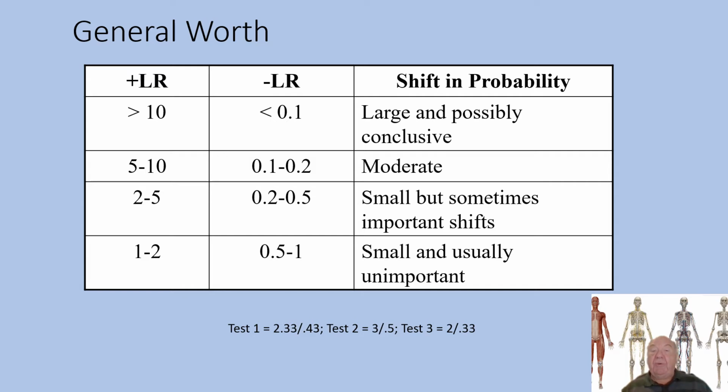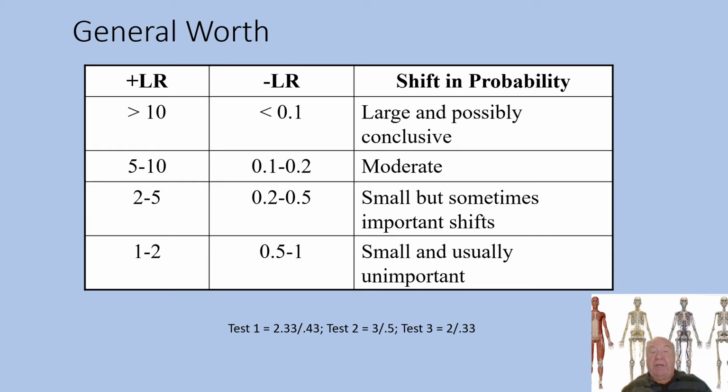Values between 2 to 5 as a positive likelihood ratio is pretty good, and is usable. And 5 to 10, you're getting up to a better effect, and not great neither. Once you get over 10, these things become really quite useful.